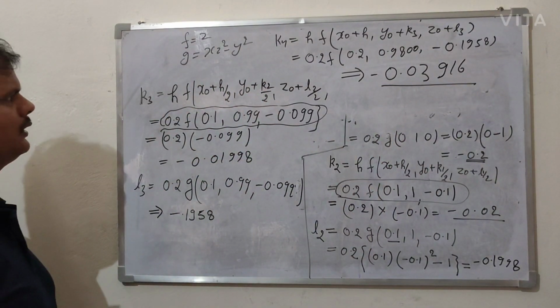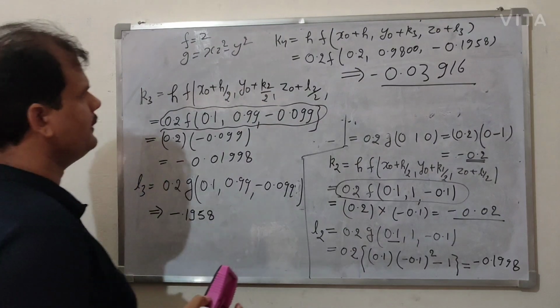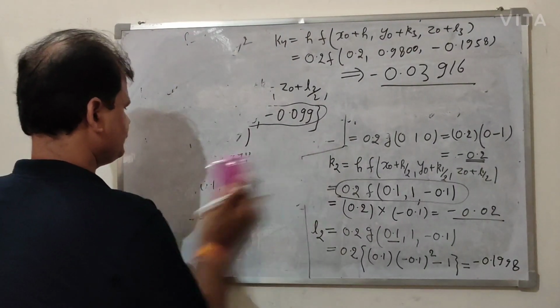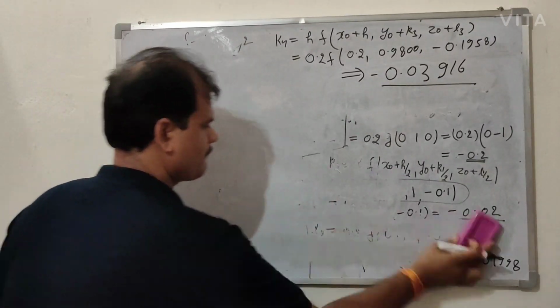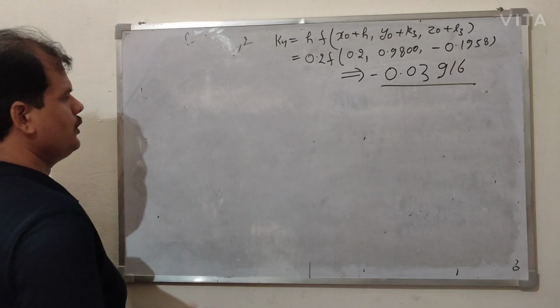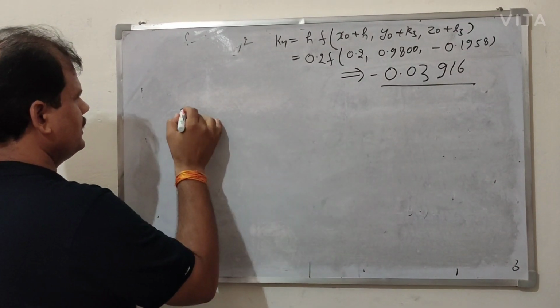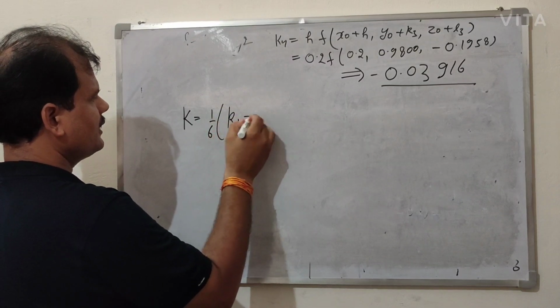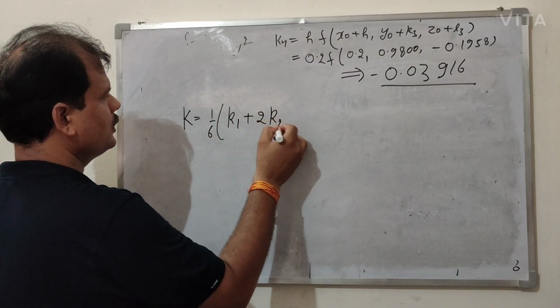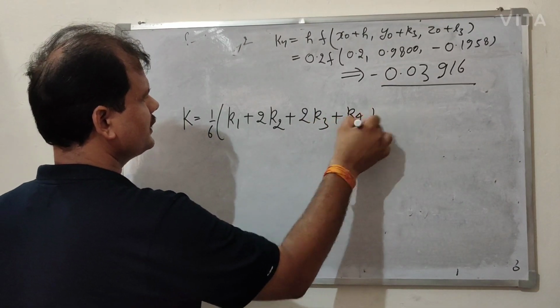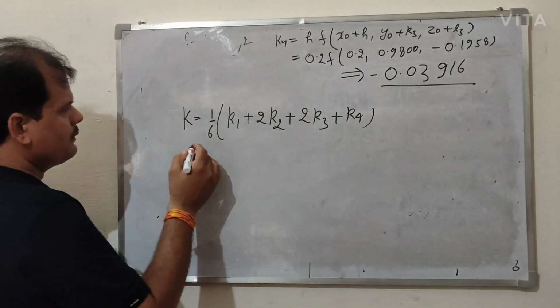Now after getting K1, K2, K3, K4, we'll calculate the capital K. Your capital K equal to 1 by 6 of K1 plus 2K2 plus 2K3 plus K4.